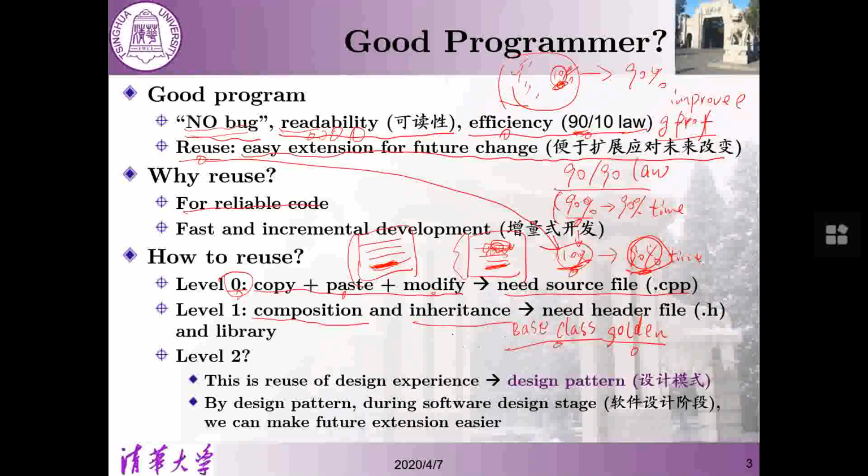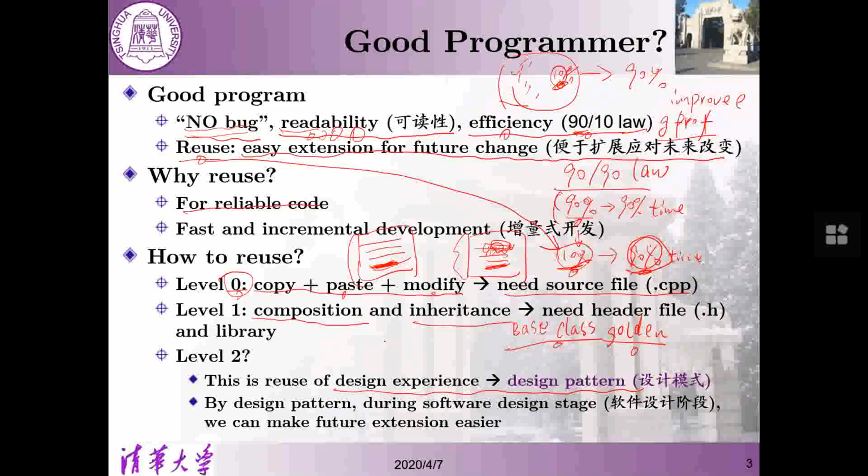So actually, this design pattern or design experience is used to design the software structure, right? By doing this kind of software structure design, we can easily modify some part or easily incrementally develop the software.